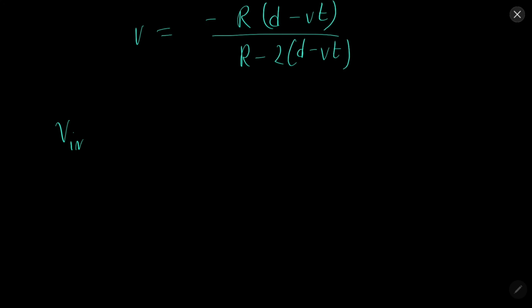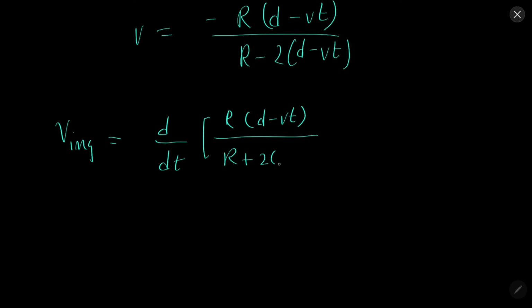So velocity of image will be d by dt of r(d minus vt) over r plus 2d minus vt, changing the sign.